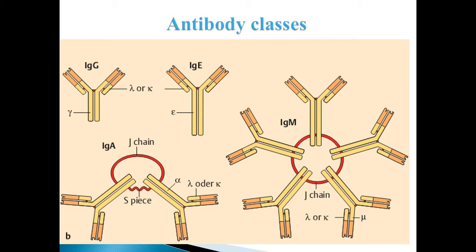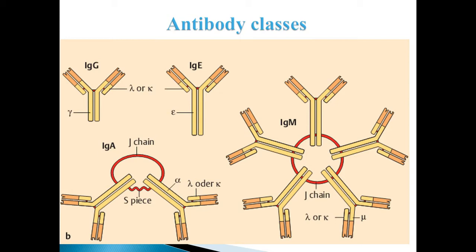Immunoglobulin E mediates type 1 hypersensitivity. The role of immunoglobulin D is not known. Antibodies neutralize antigens, induce killing of target cells by complement and natural killer cells, and opsonize particles for phagocytosis.